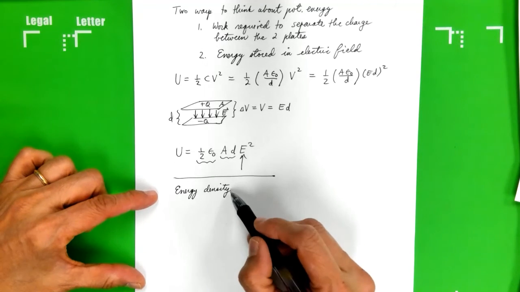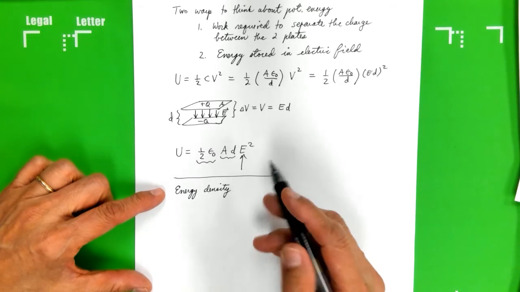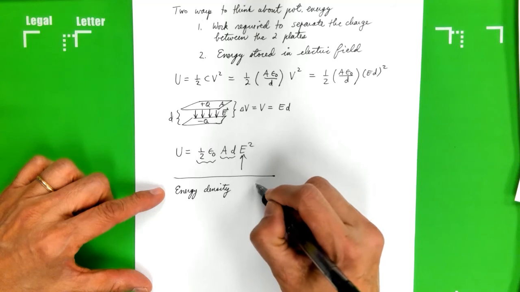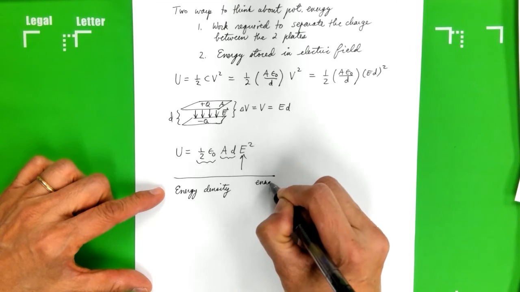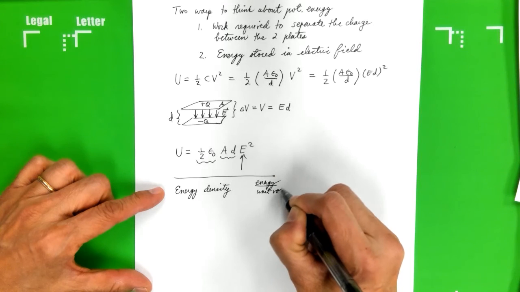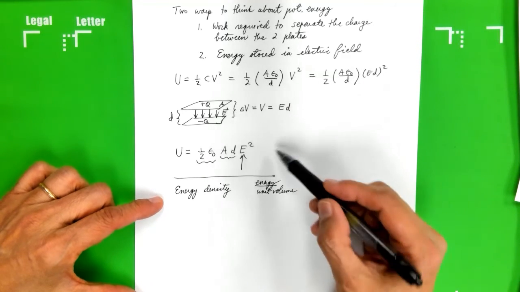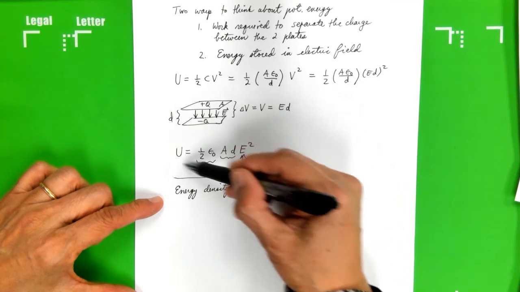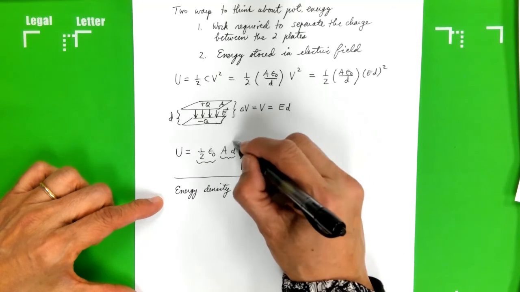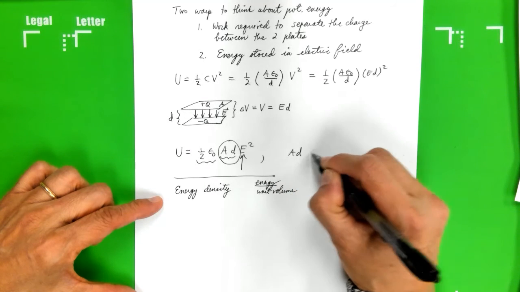Sometimes it's easier to think about energy density. Density can mean different things. Energy density means the energy in a unit volume. And it's easy to do because when you look at the formula for potential energy up here, you see that AD is the volume of the capacitor plate.